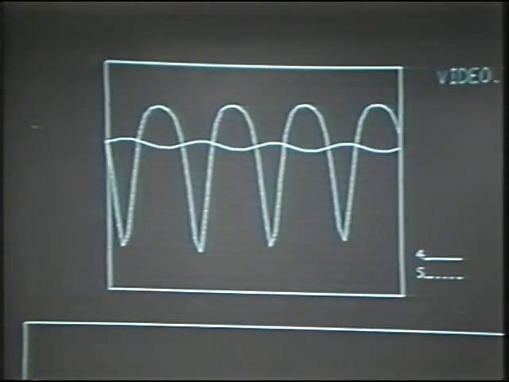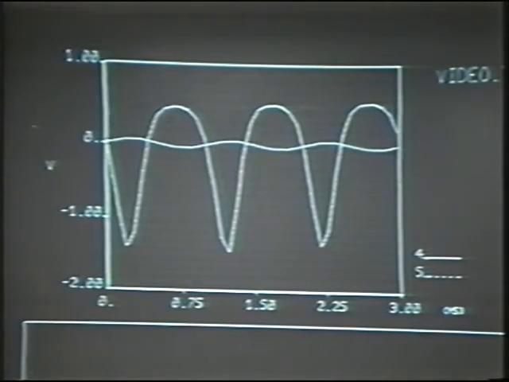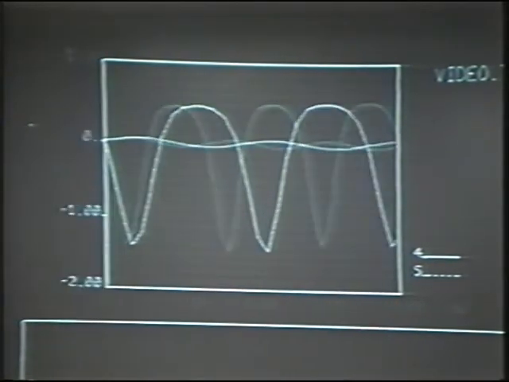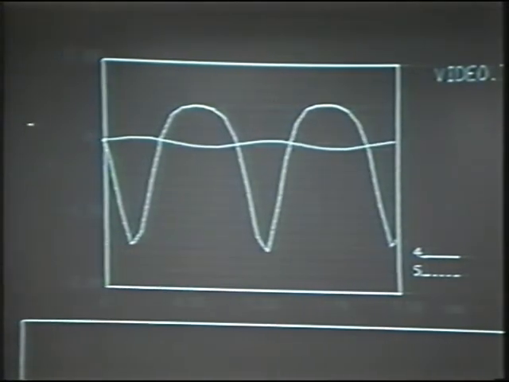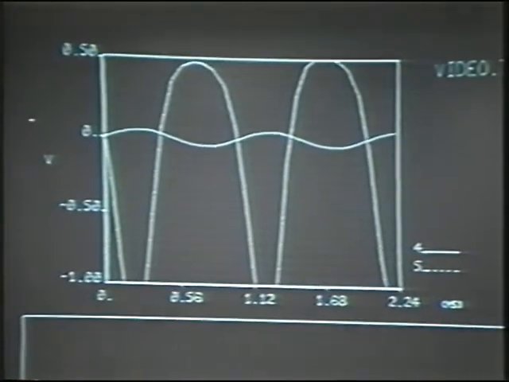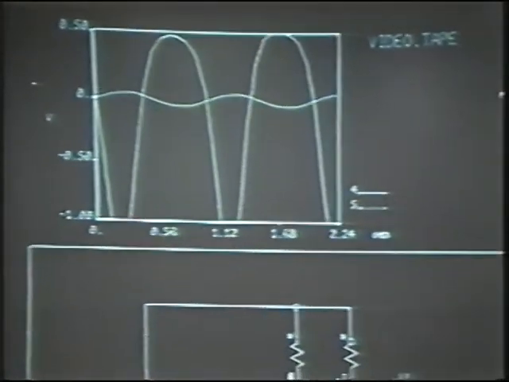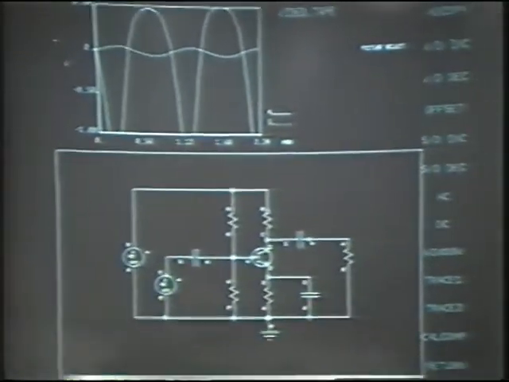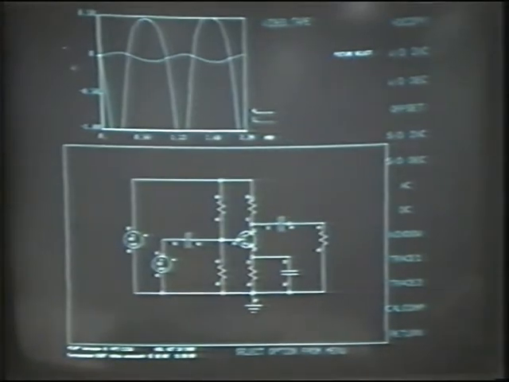On the oscilloscope, I have options that you'd find on a normal oscilloscope, such as varying the time base, or changing amplifiers, or in fact, all oscilloscopic type options I have simulated here, including AC and DC coupling and putting in voltage offsets.